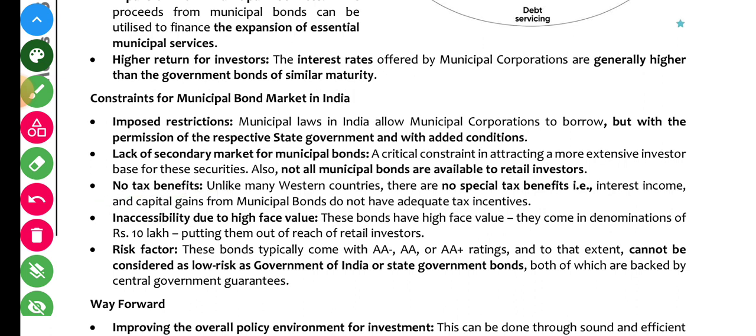Okay, no tax benefits. Retail investors cannot easily participate in these municipal bonds. Inaccessibility due to high face value. Risk factors involved: rating agencies cannot consider them as low risk as government AAA. These are the ratings. So they cannot be considered as low risk as Government of India or state government bonds.